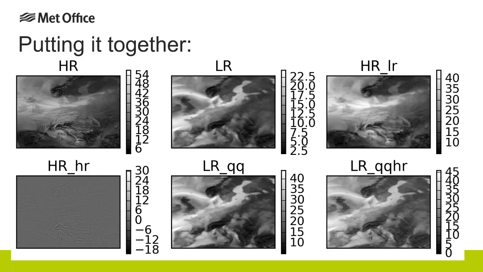On the bottom left, you see the high-resolution components that have been subtracted from the complete storm footprint. Below, to the right, in the middle, you see the LRQQ, which is the quanta-matched low-resolution storm footprint, and you see that already the value range is equivalent to the value range of the high-resolution, low-resolution part.